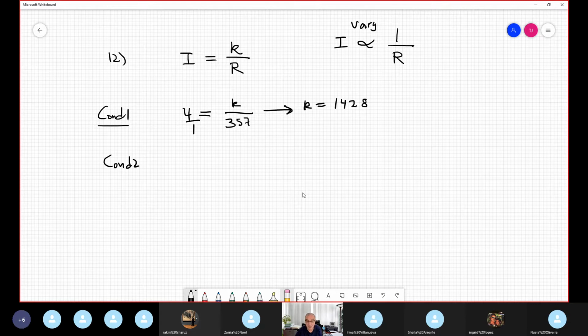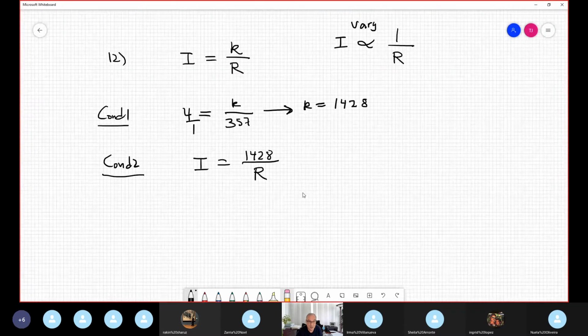Therefore, my expression for condition 2 is capital I equals 1,428 divided by capital R. So in condition 2, what is the current? They want to find I when the resistance is 884.